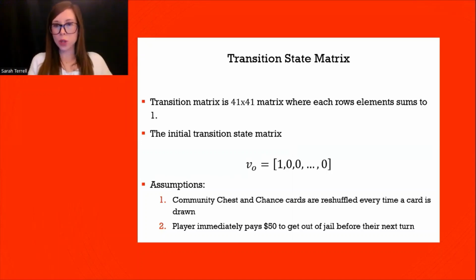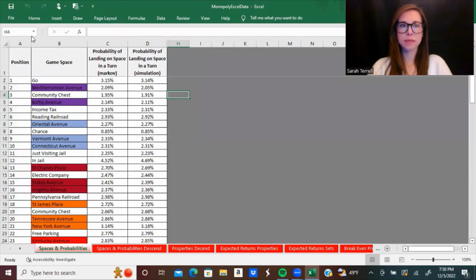So please know that those parts of the game are not technically involved in all of these assumptions. Now that we have covered our assumptions, let's jump into looking at the steady state probabilities associated with each space on the Monopoly game board.